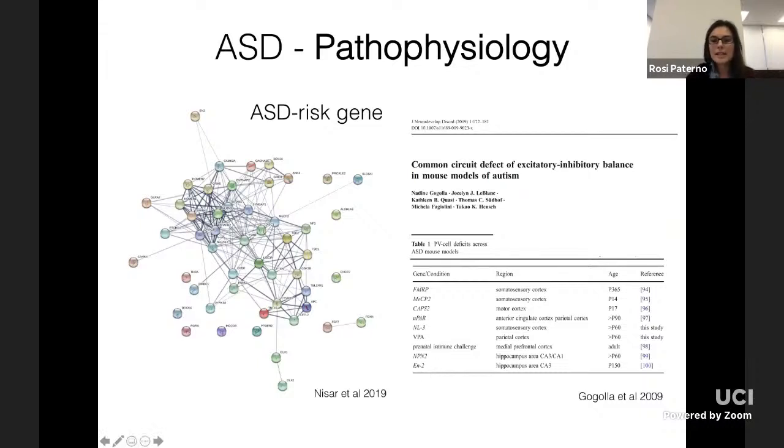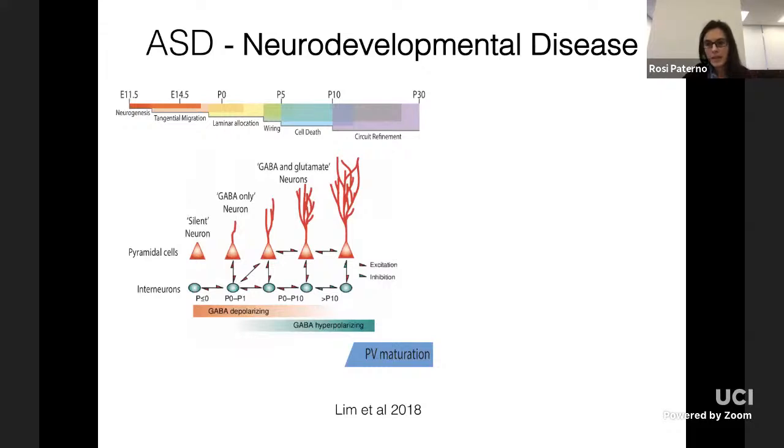Given the fact that autism is a neurodevelopmental disorder, this is a very simple and schematic way to see how important interneuron development is and how it will change the circuit. In particular, interneurons are born already during embryonic day 10 or 11, and they need to migrate, they need to reach their final brain structure where they participate in the maturation of the circuit.